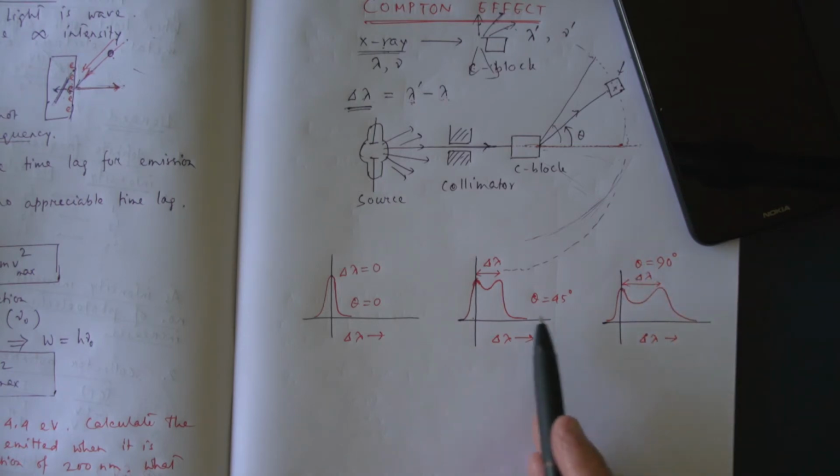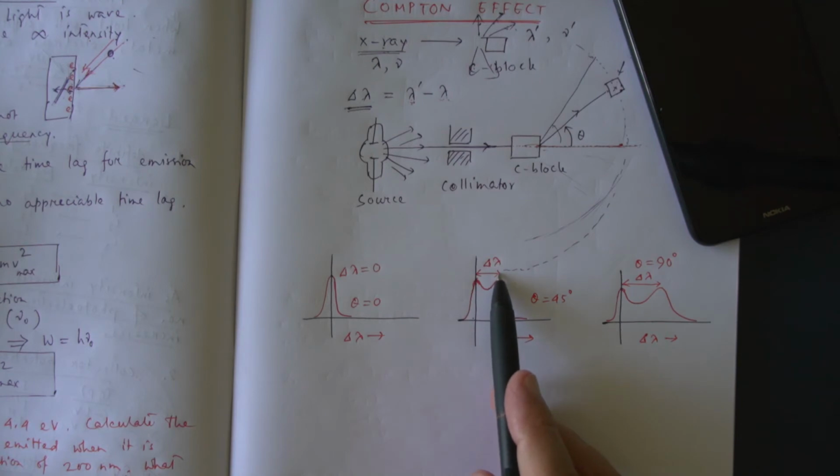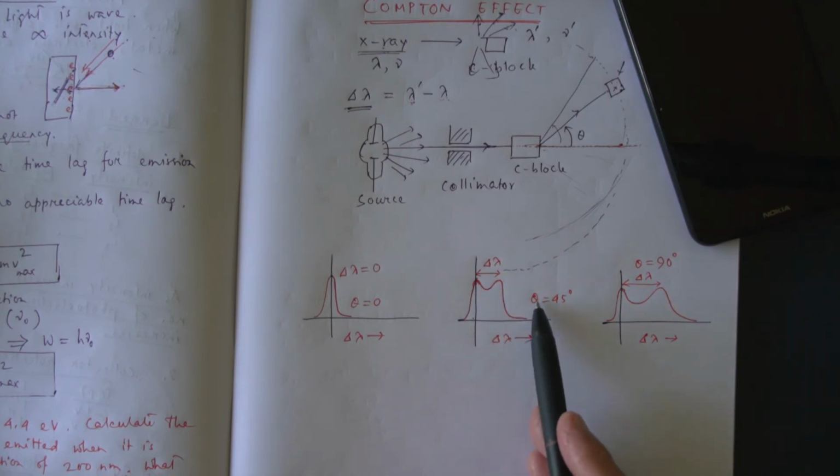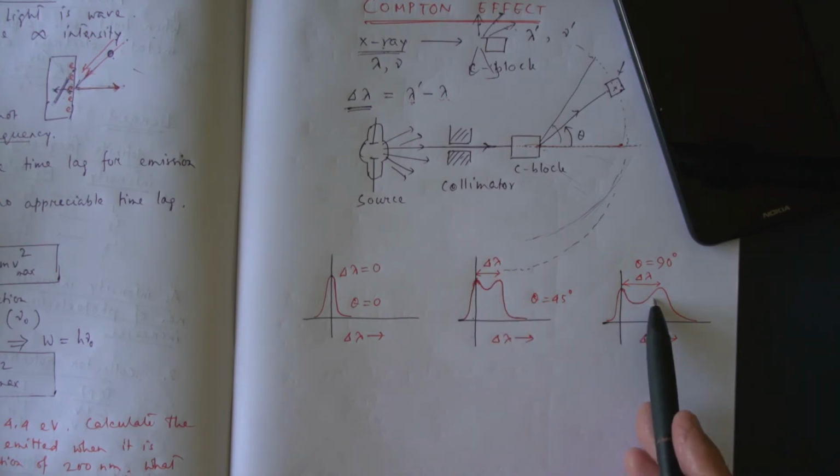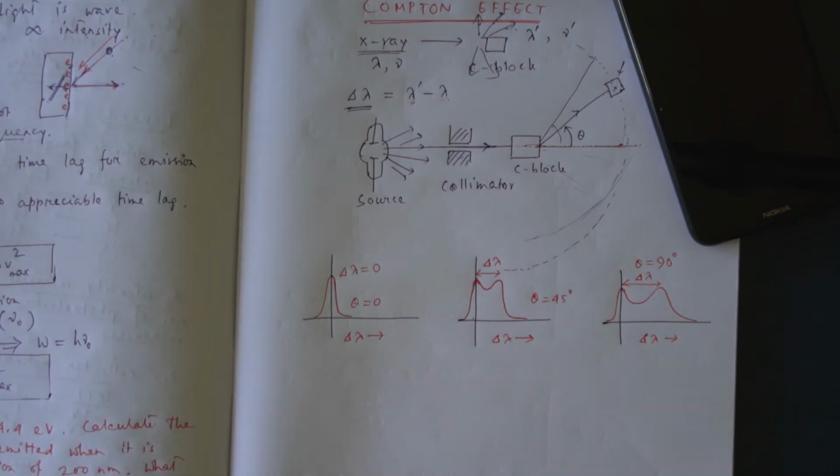So you see, del lambda depends on the angle. As the angle increases, del lambda also increases. So this is the result of Compton effect.